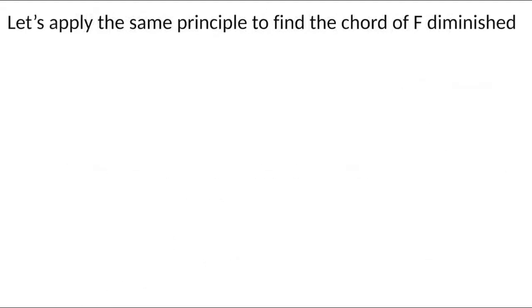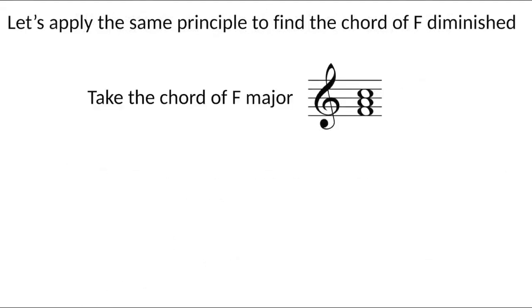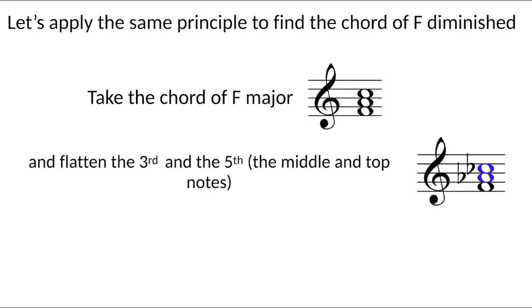Applying the same principle to find the chord of F diminished, we would start from the major chord of F, and we're going to focus on the third and the fifth, and we're going to flatten each of those notes. We're going to reduce them by a semitone, like this.